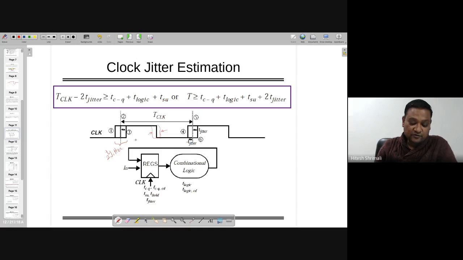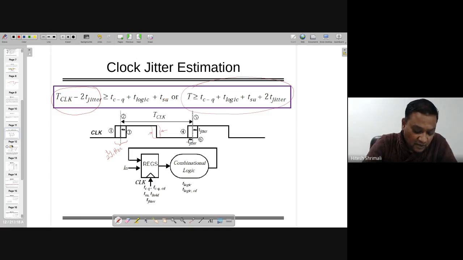So if you want to find out the clock value, T clock minus 2t jitter has to be greater than the contamination delay, logic delay, and setup time. If you take this 2t jitter to the other side, then the clock period has to be bigger than contamination delay, logic delay, setup time, and twice the jitter, all in total. It has to be more than that when you are making the budget.